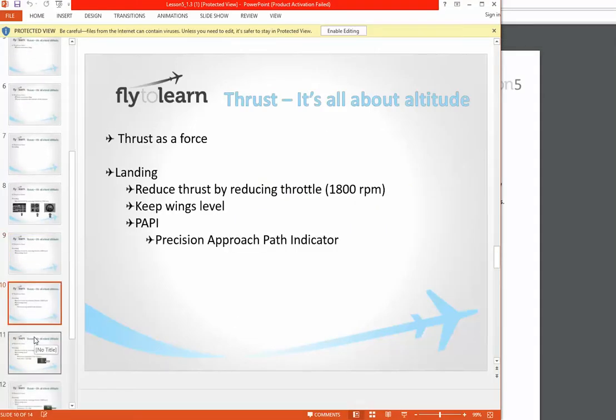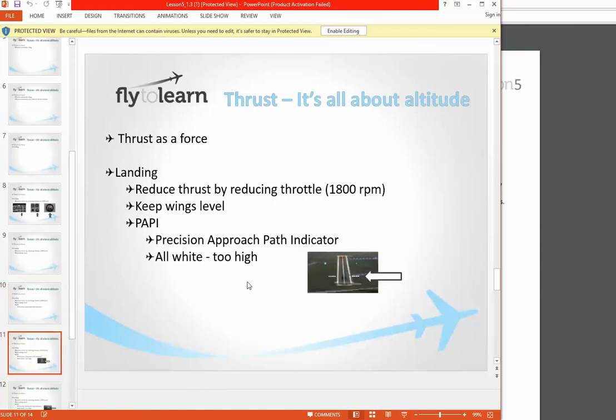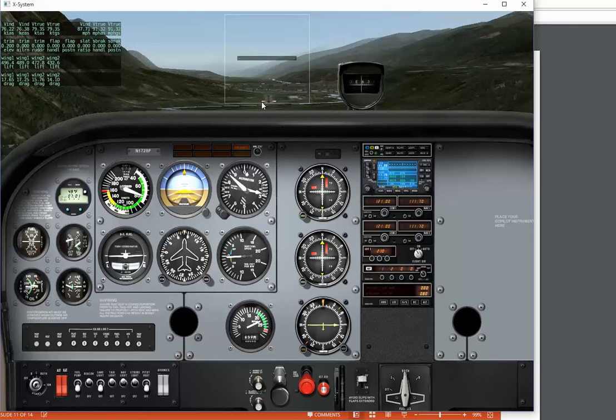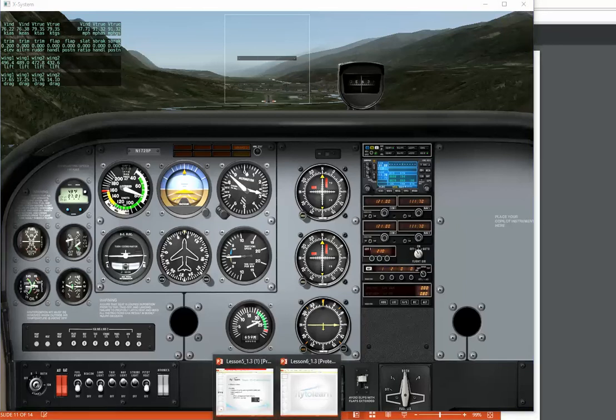There's one more thing that I haven't yet talked about, and that is going to be called our Precision Approach Path Indicator. Or, as I like to call it, Poppy, because I think it's a funny name. You can't really see it from where you start too well. It's these white and red solid lines on either side of the runway here. What these do is help you land, and they're actually very helpful.